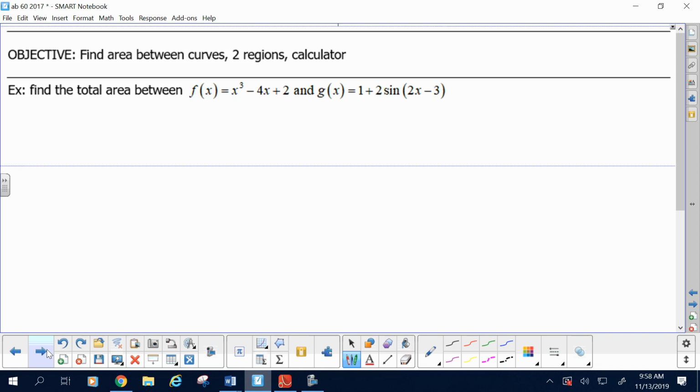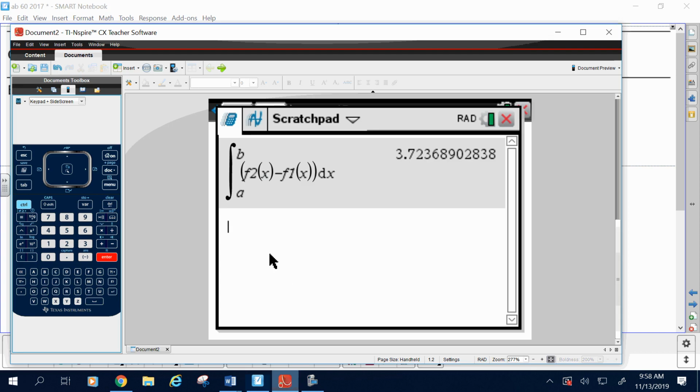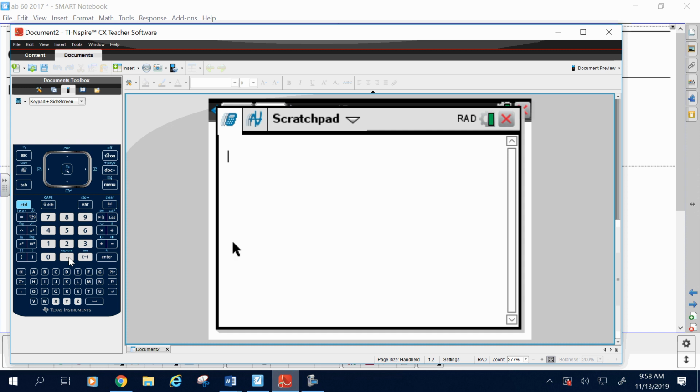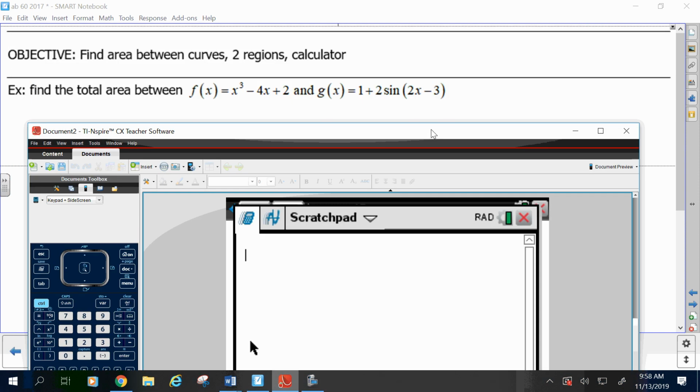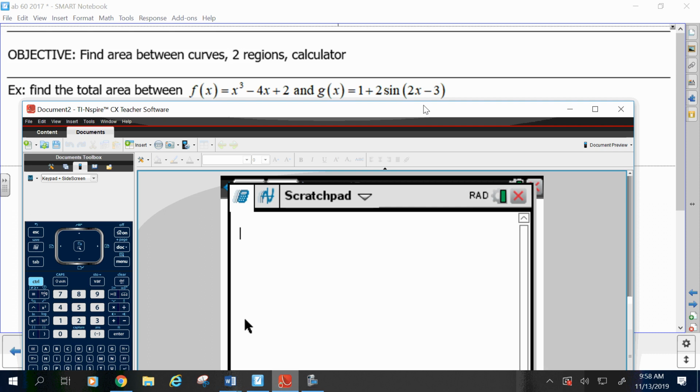I think we're okay here. So try this bad boy with your calculator. This is calculator active. It better be. Yeah, it's pretty gross, I gotta say. All right, so.